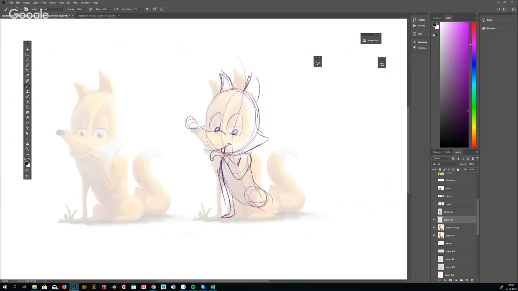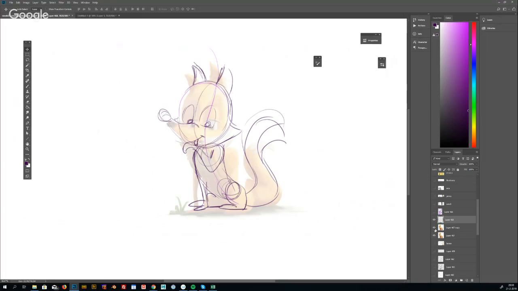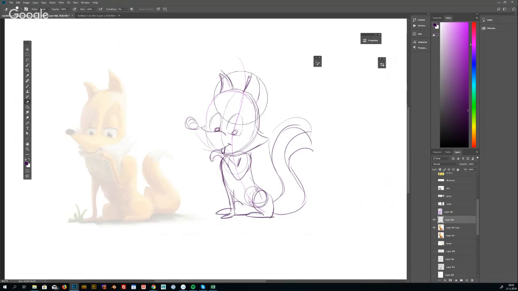I think you already did a great job in drawing the construction of the character. Let me make this tail. But maybe it's your style, but I think you can try to get a bit more of the construction.